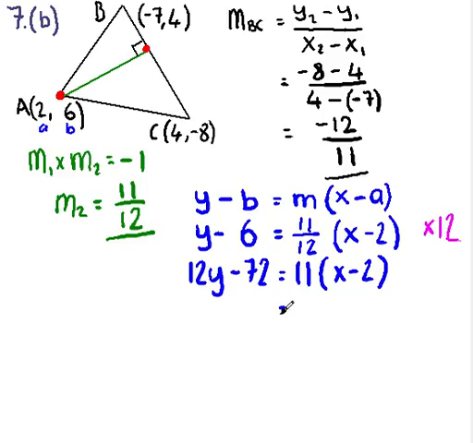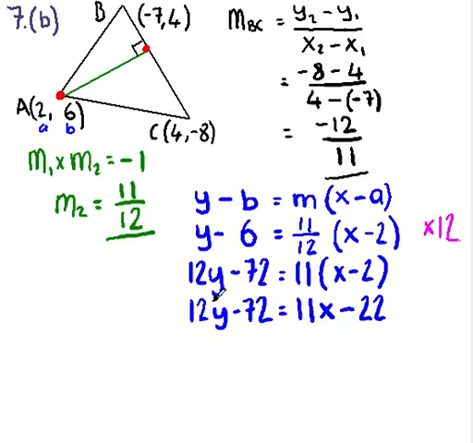So multiplying out the bracket, we still have 12y minus 72 on the left, and 11 times x is 11x, and 11 times 2 is 22.